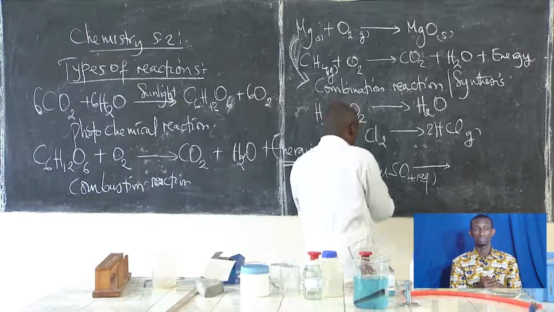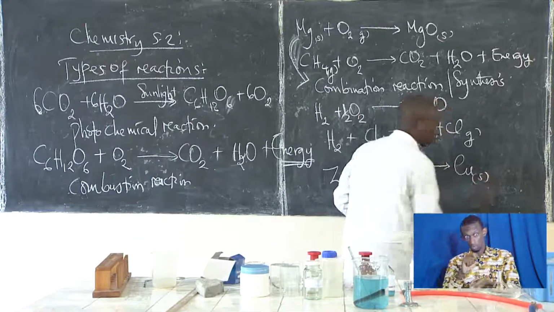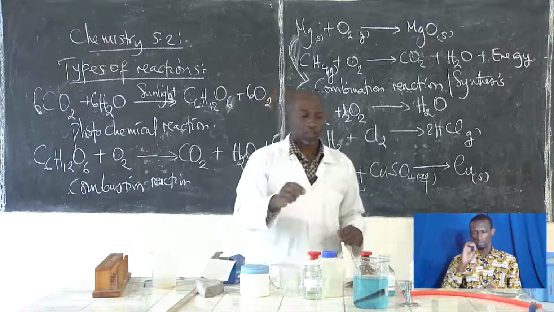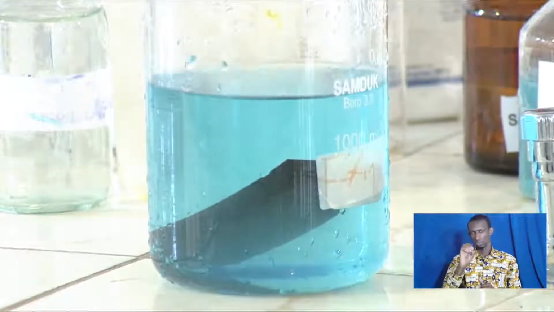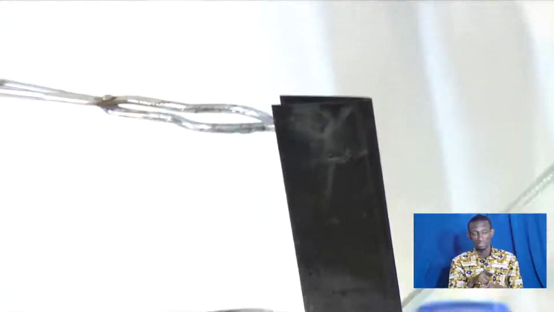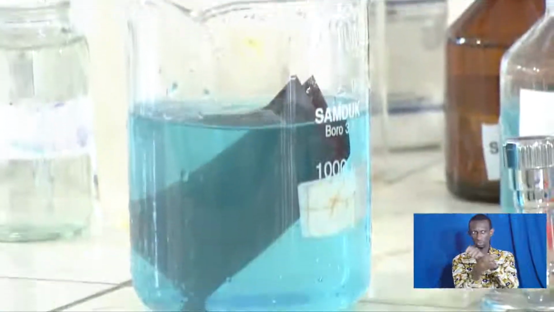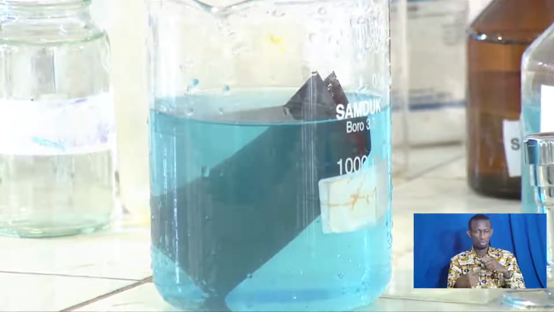And when it displaces it, copper is deposited as a solid. So we'll have the solid forming on the zinc strip. It is changing. We have to keep it there for some time as we watch the reaction going on.